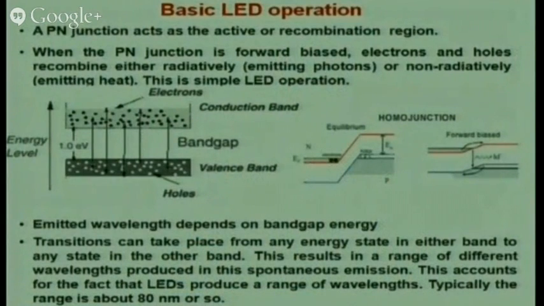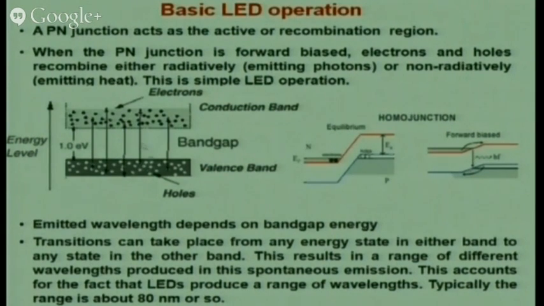Coming back to the LED operation, an LED is basically a PN junction diode. In the conduction band we have electrons and in the valence band we have holes, and we supply energy to push the electrons to the conduction band. Because they are at a higher energy state, they fall back to the valence band and recombine with the holes.